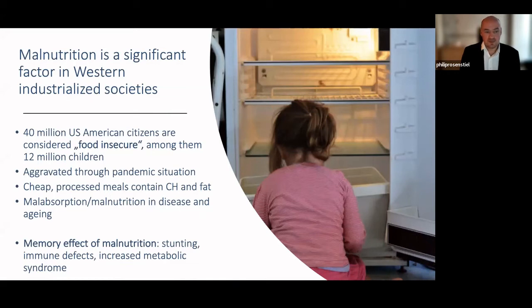Protein availability is part of cachexia in cancer, for example, and that's a well-known thing. Now, there are many things: there are acute effects and memory effects of malnutrition. And specifically, we are interested in the immune defects in this state.